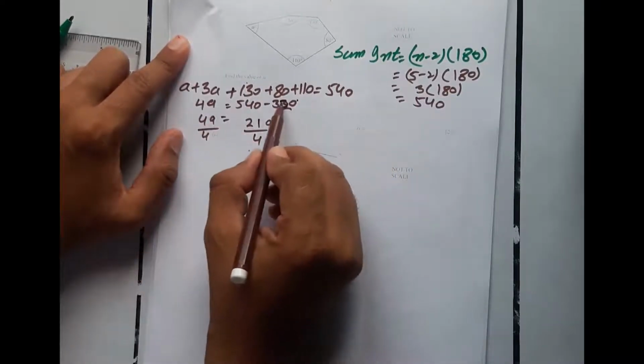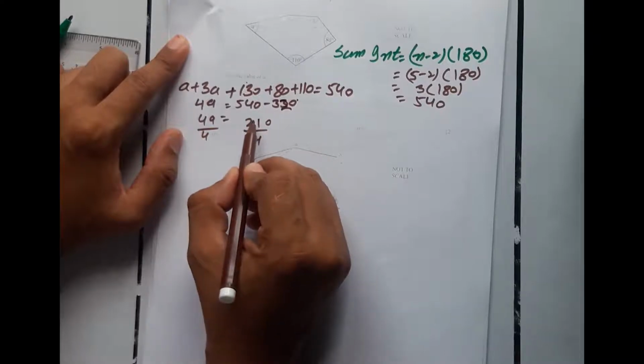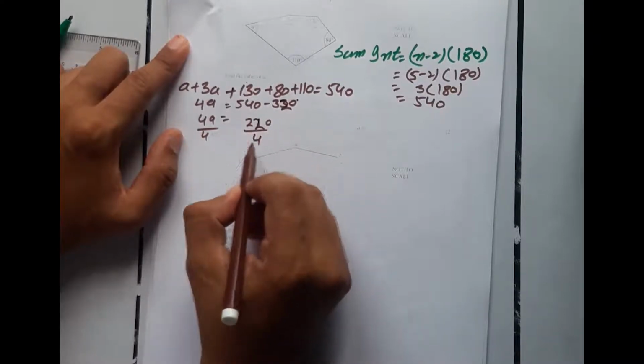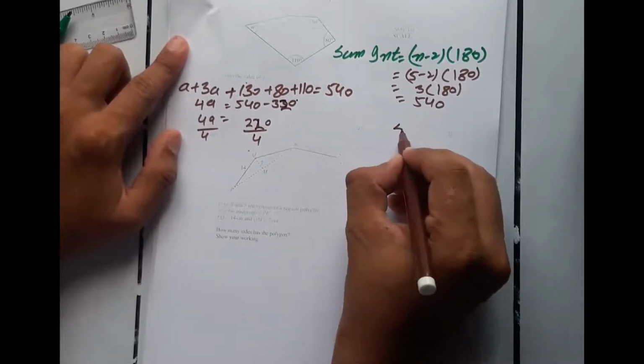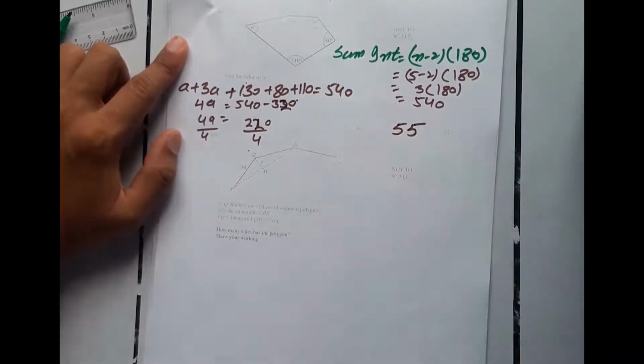So this will be subtracted from 540, which equals 220. We divide by 4, so this will be equal to 55. That's the final answer for A.